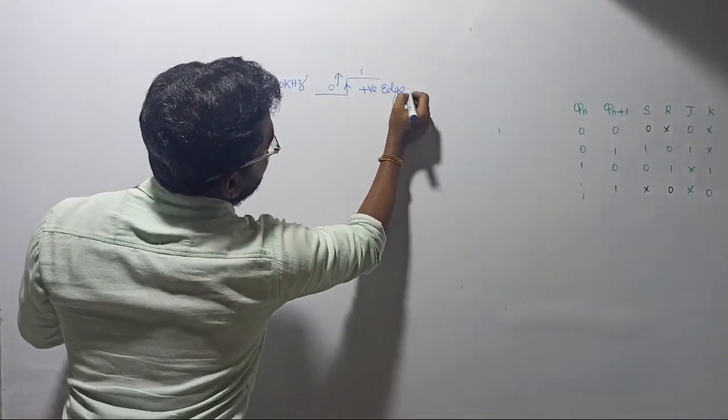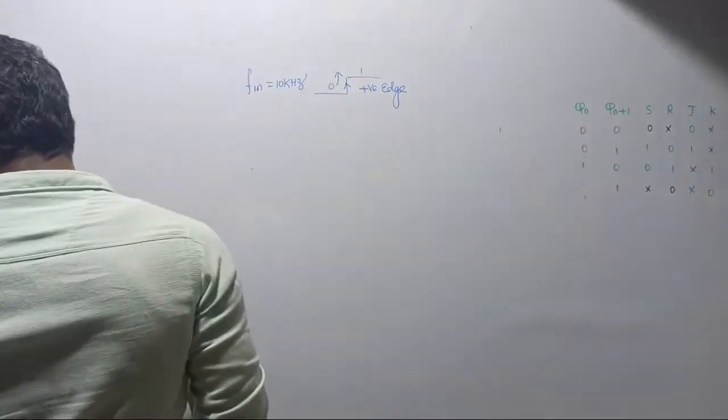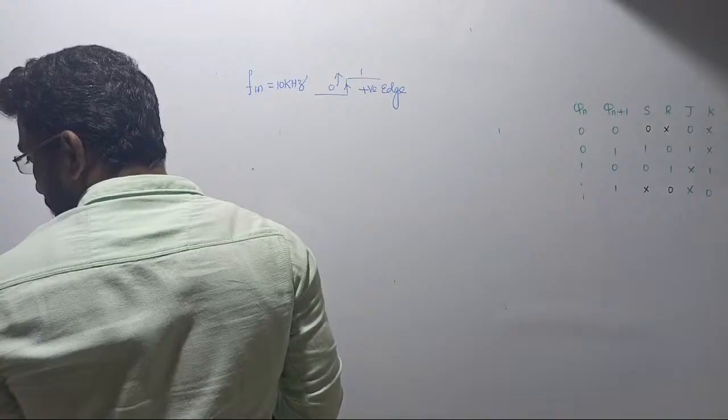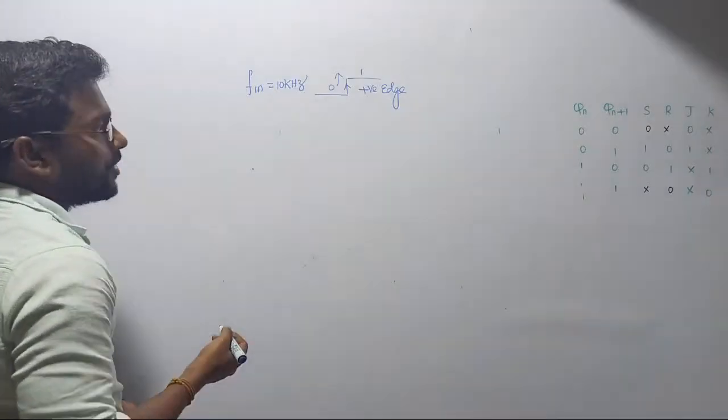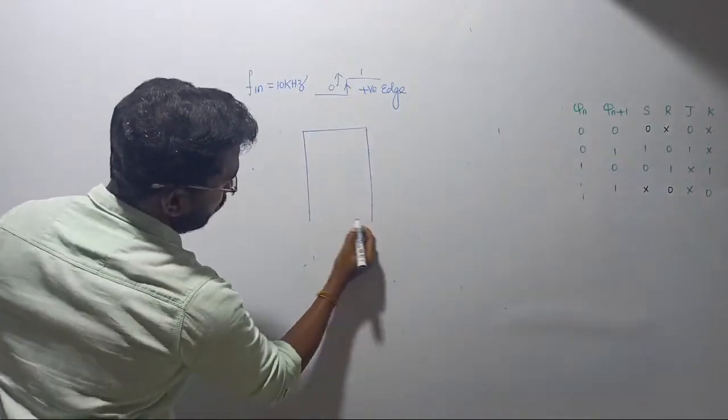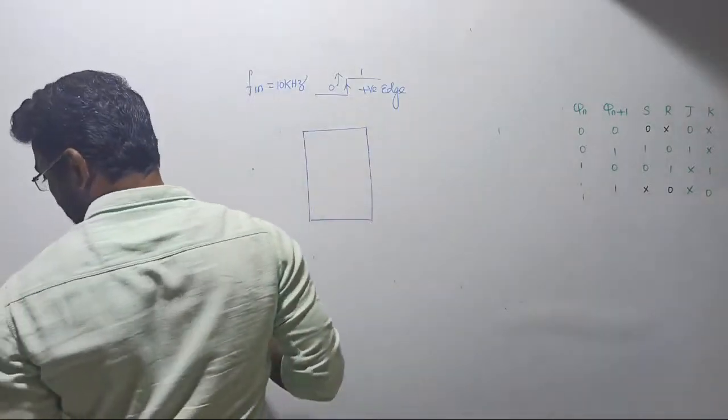Now the question is, the frequency of the signal available at Q is dash. Let me draw the circuit first.